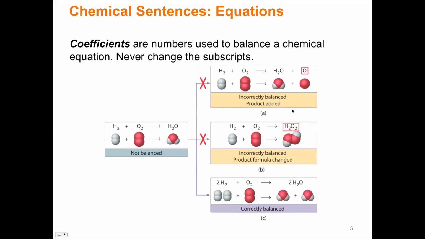This is hydrogen peroxide, it's not water. It's a different substance entirely, and here we're making some extra oxygen atoms, and as you know, these are very reactive, with two free electrons in the outermost shell. So that wouldn't be a happy situation. This is not balanced correctly.